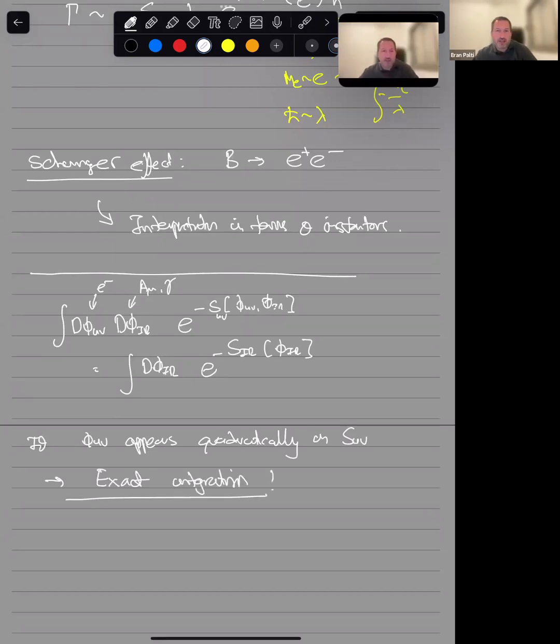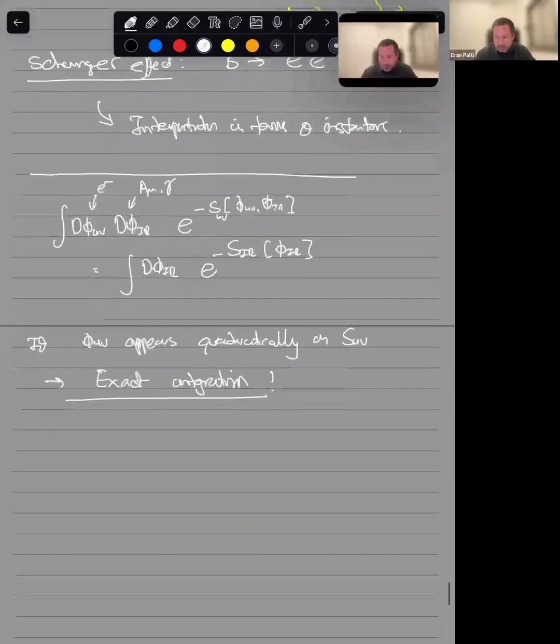And if you do the exact integration, then you don't lose any information. You have to get everything. You have to get also the non-perturbative effects. You get the full information. That's why when Euler and Heisenberg integrated out the electron, they recovered non-perturbative terms in the effective action. That's also why when we integrate out the M2 branes, we recover non-perturbative physics. That's just because the terms you have appear quadratically in the action.